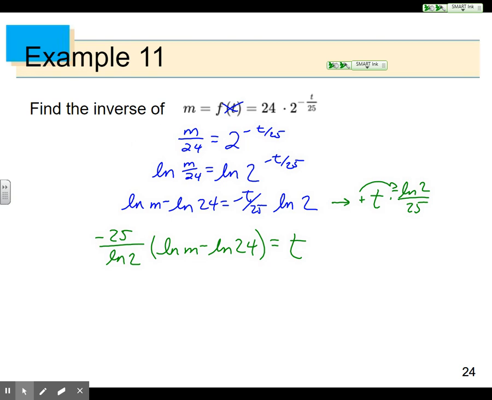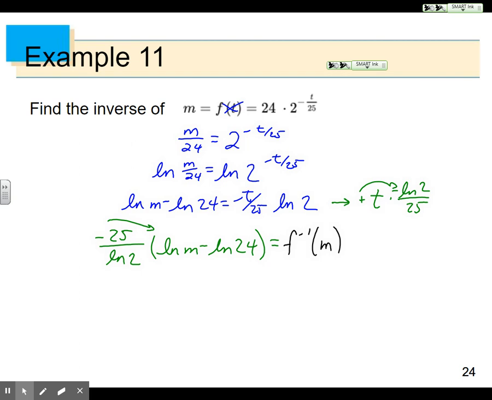There's a lot of negatives floating around in there that we could clean up. I could definitely distribute this negative through these parentheses right here and rearrange those and make it look a little better. But this works for me. And so my inverse of this, where m was the mass or the number of moles left or something, this equation would work perfectly fine for me.